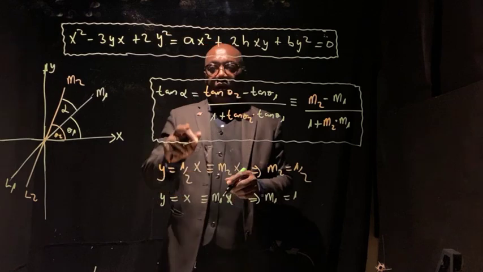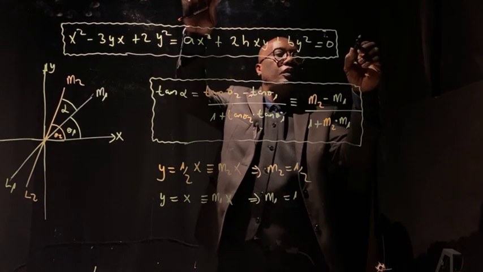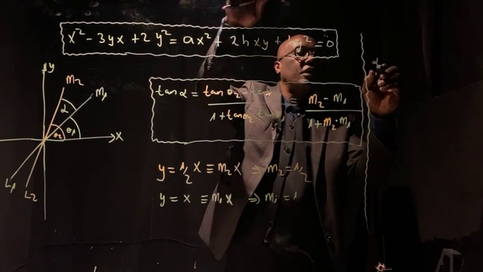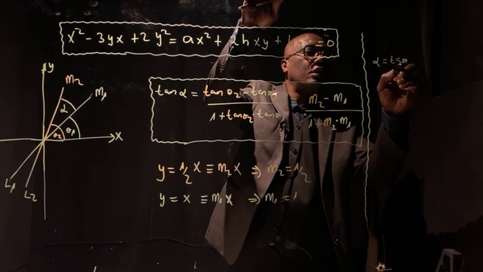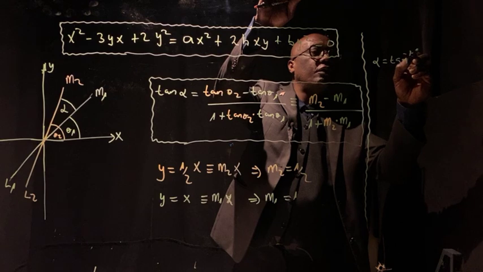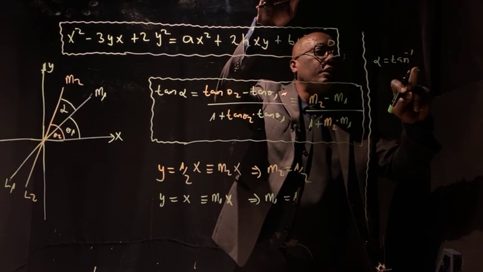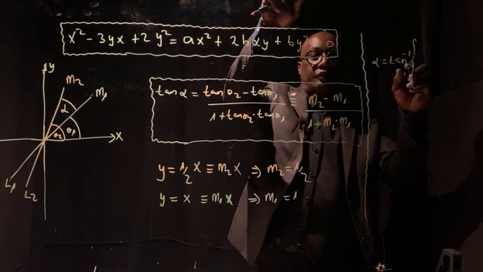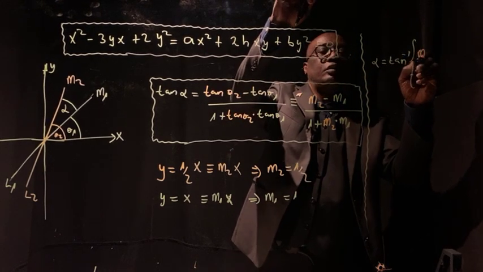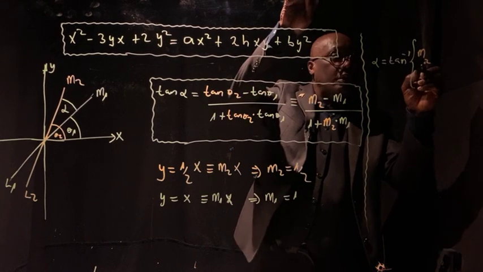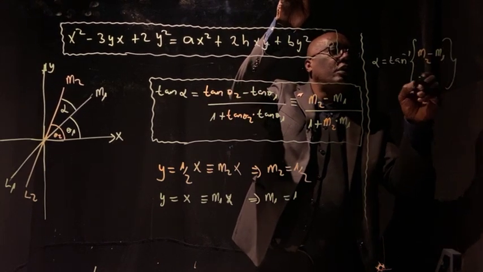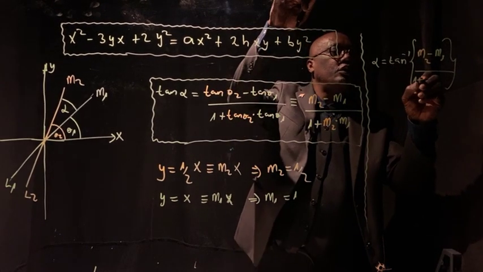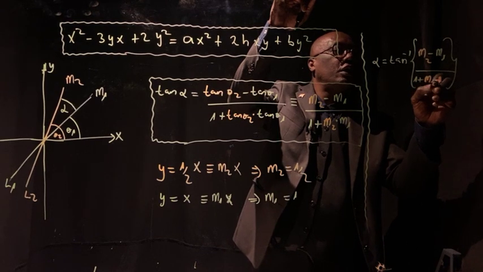In that case, the angle alpha between them becomes alpha equal to tan inverse of m2 minus m1 over 1 plus m2 times m1.